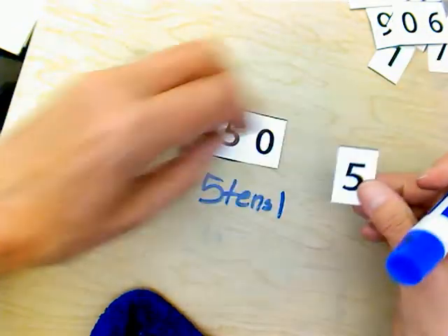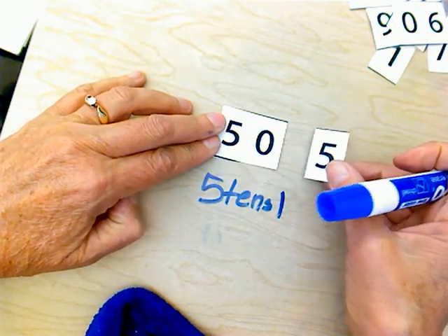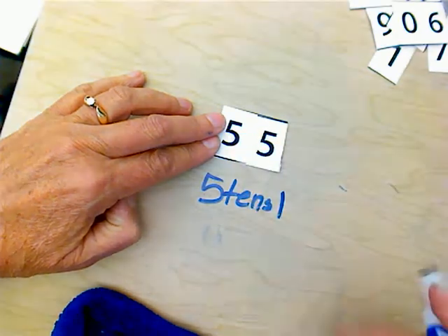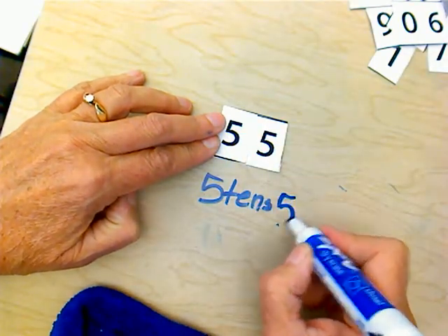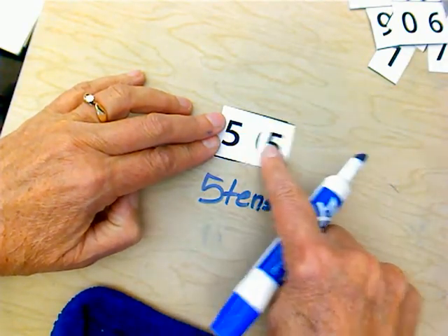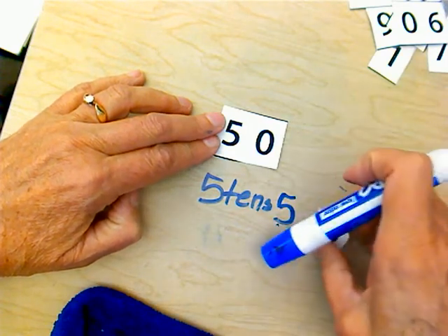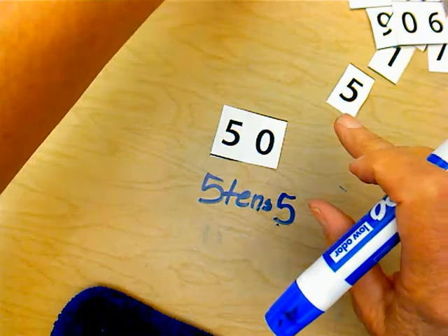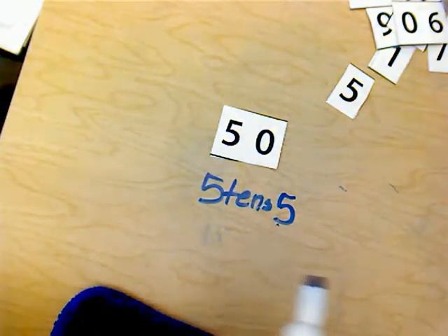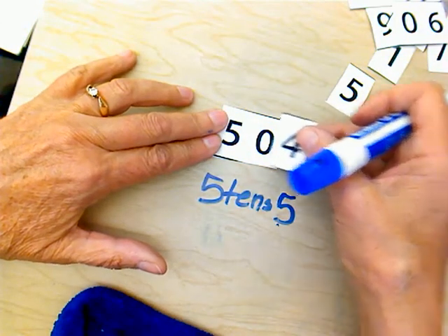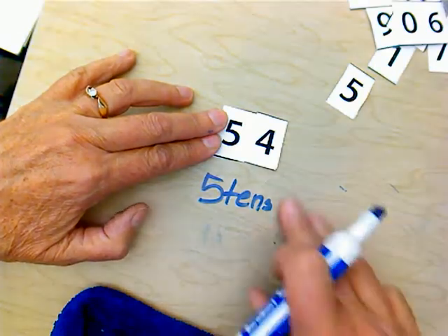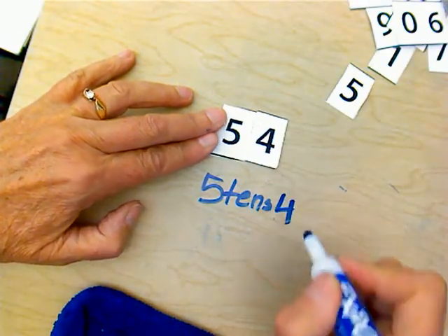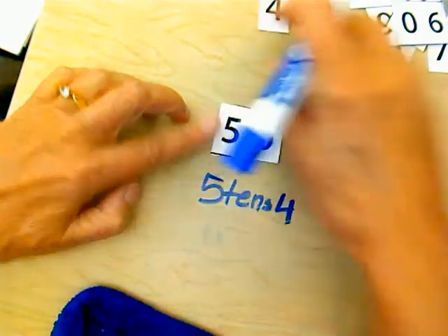What about 5 tens and 5? 5 tens and 5 would give me 55. What if it was 5 tens and 4? 5 tens and 4 would be 54.